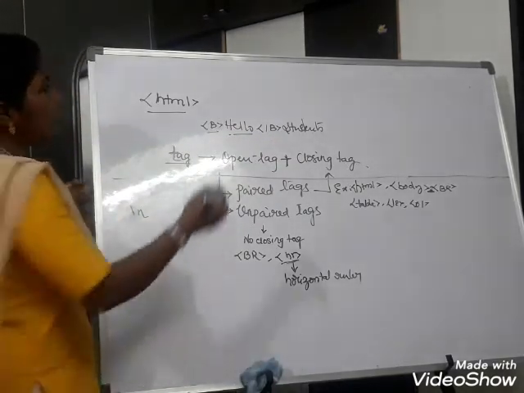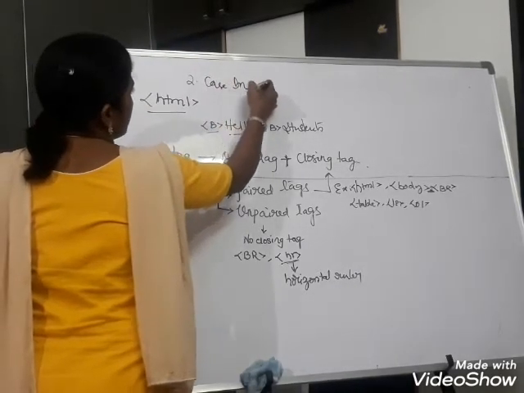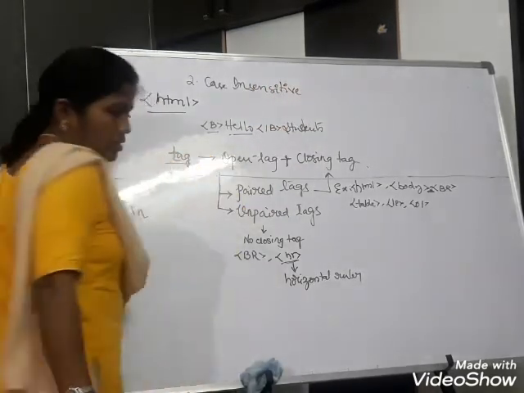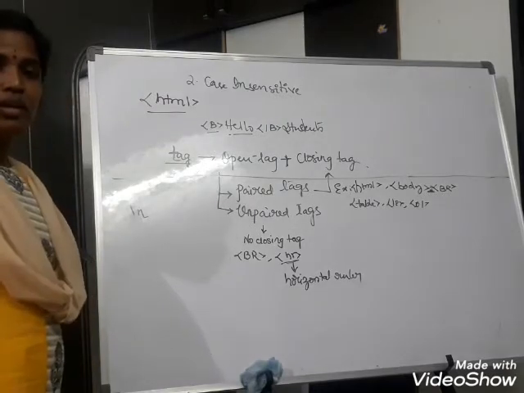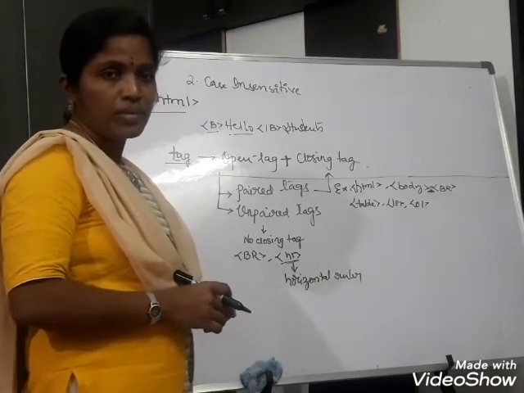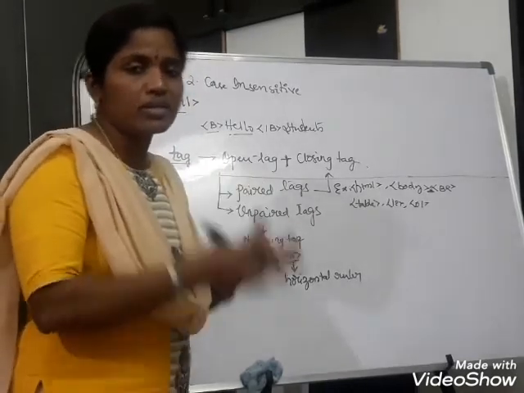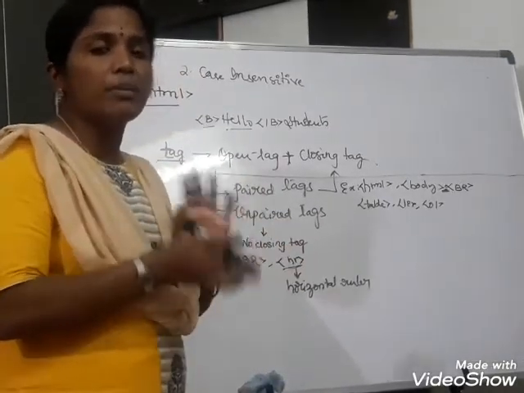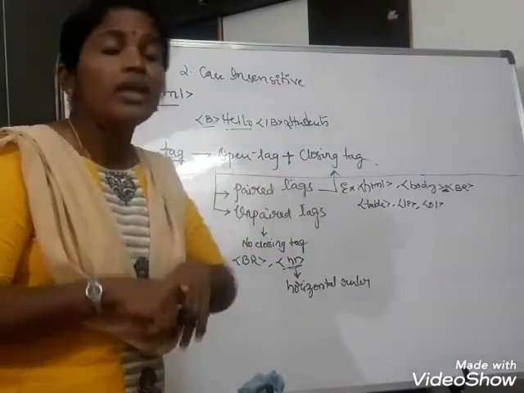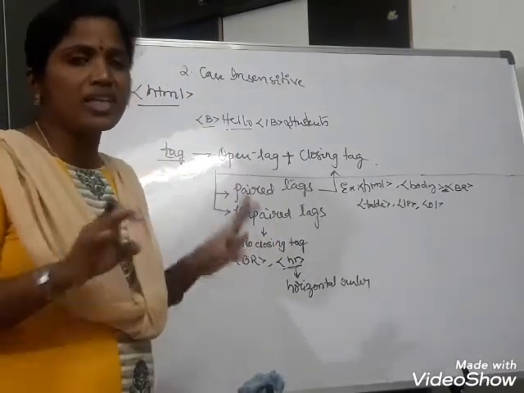Right? One more thing, remember, it is case insensitive. New word, right? Again, it's a new word. As C language is a case sensitive language, whatever you write in capital letters should be in capital letters. Otherwise, if you are taking it as capital and small letters, it should be capital and small letters. Whereas in HTML, it is case insensitive. That means it is not bothered about the case.